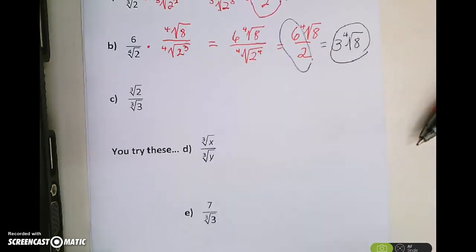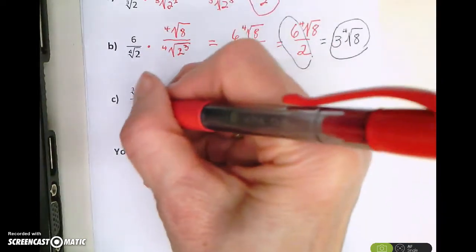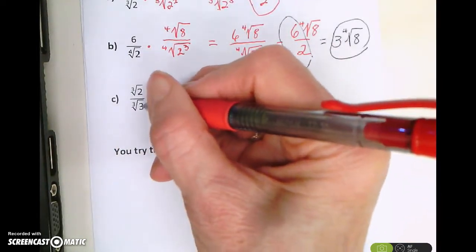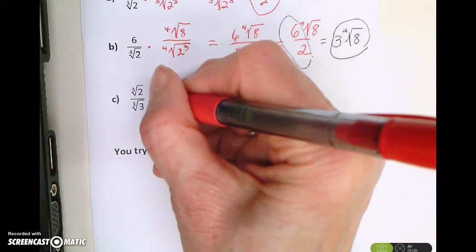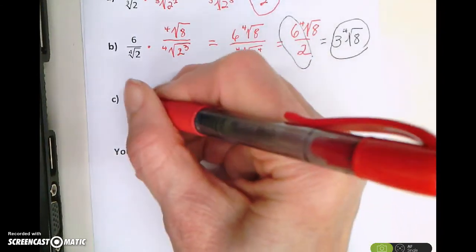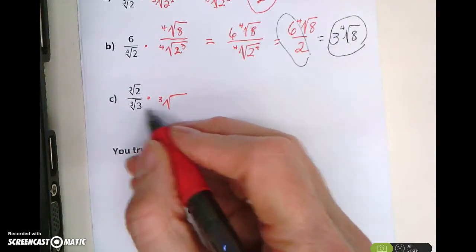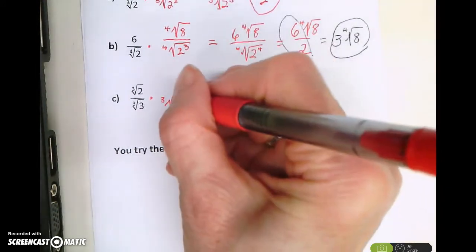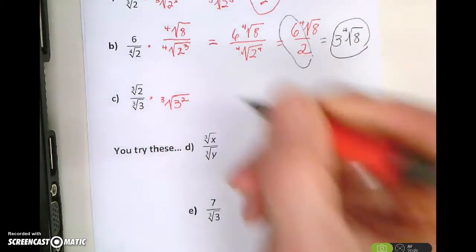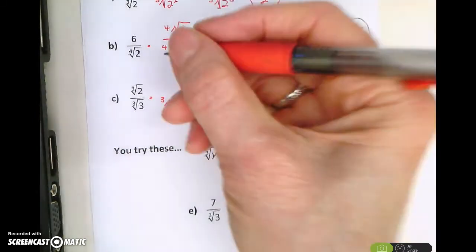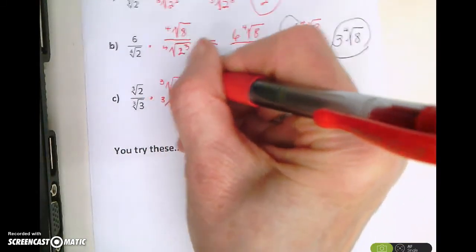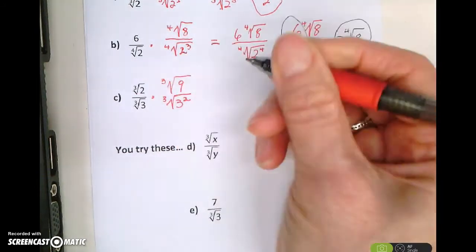And then C, again, you can see my denominator. I have a radical, and I cannot have a radical in the denominator according to my rule. So I have the cube root. In order to make that denominator perfect, I'm going to need 2 more of those. So that means put the same thing in the numerator, 3 squared. I'm just going to go ahead and write a 9 there.